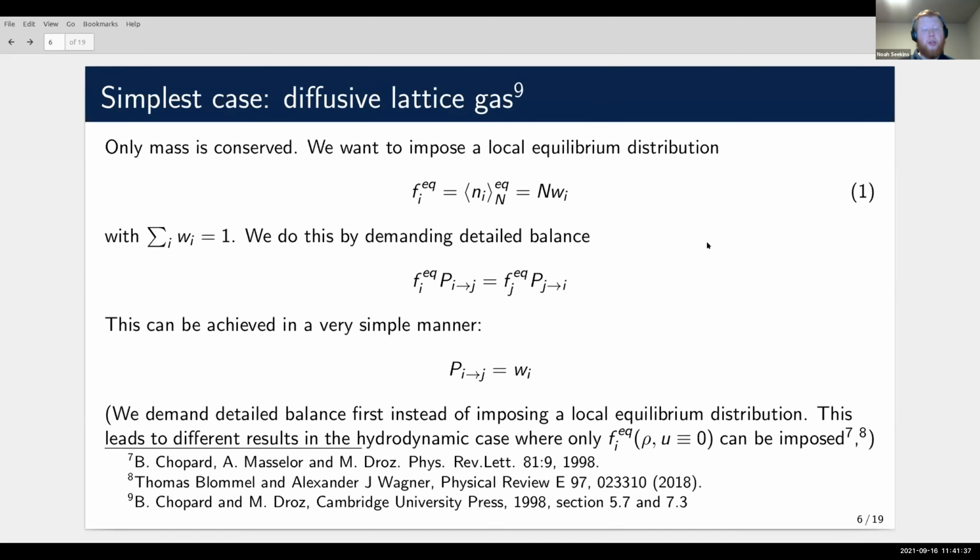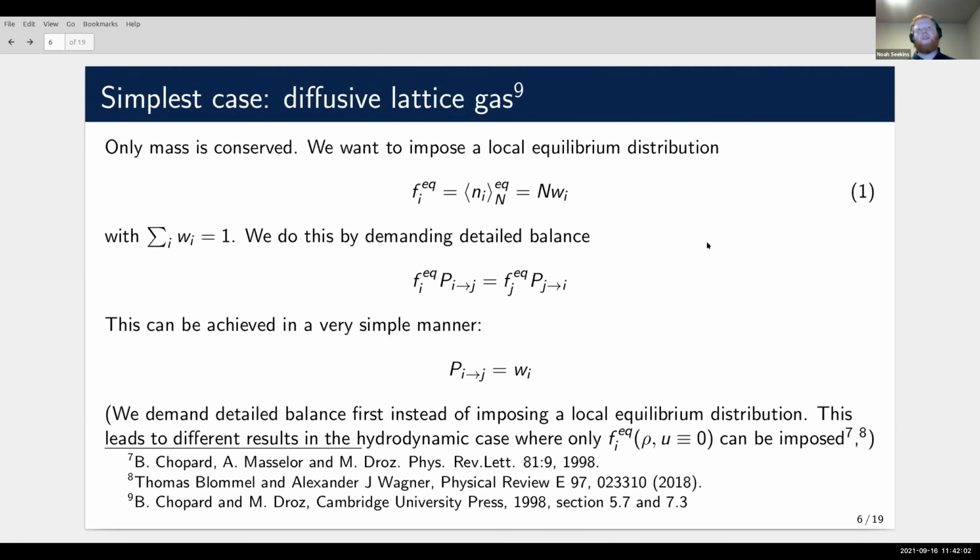There is something to note here. There is other work that has first taken the lattice-Boltzmann collision step and then estimated the sampling from there. We demand detailed balance first, instead of imposing the local equilibrium distribution.